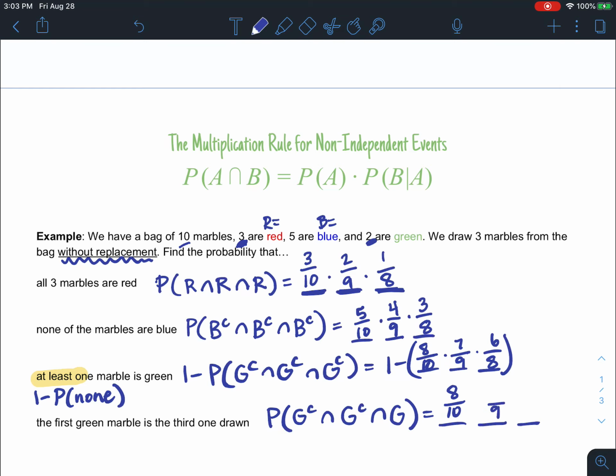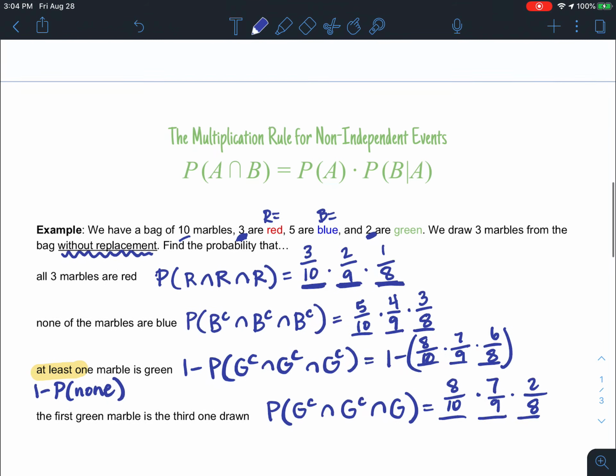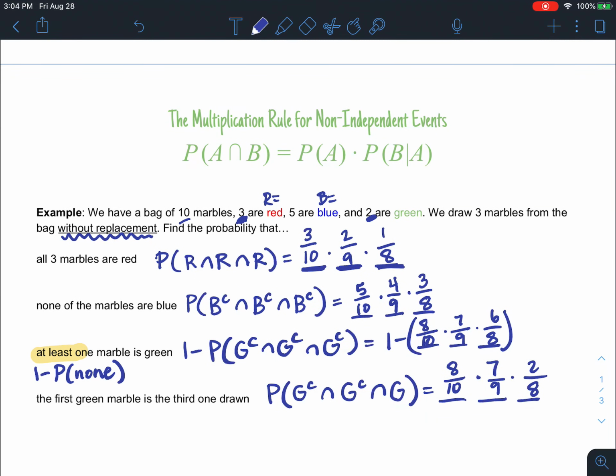Put that marble aside. Now I'm left with 9, and 7 of them are not green. Set that marble aside. I've got 8 marbles left in the bag, but the third one is going to be a green marble. How many greens are left in the bag? There are 2. We haven't drawn any green ones yet. So it would be 2 out of 8. And there we go, the multiplication rule.